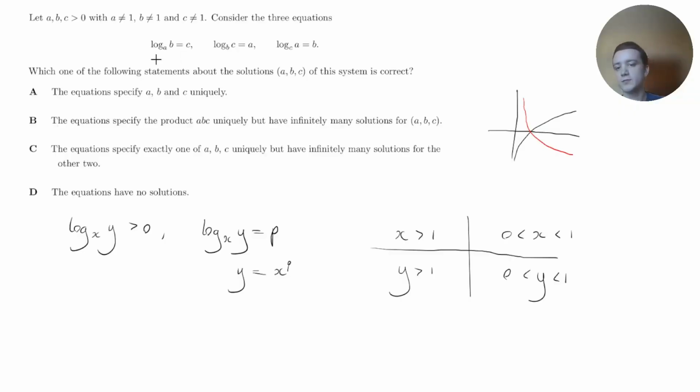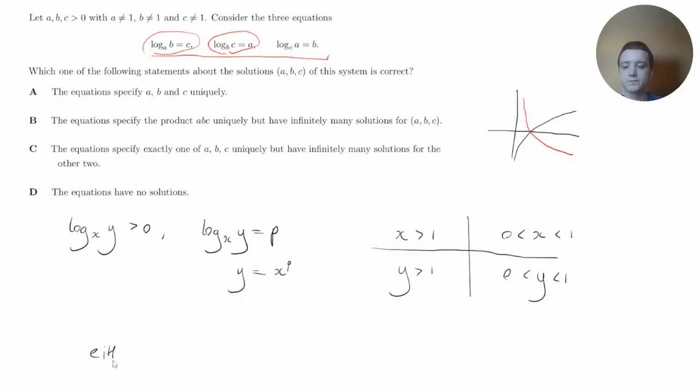This is helpful for us because we can see that log base a of b, log base b of c, and log base c of a are all positive. What this means is that a and b are on the same side of 1 by considering this equation, and b and c are also on the same side of 1 by considering this equation. So that will mean that a, b, and c are all on the same side of 1.